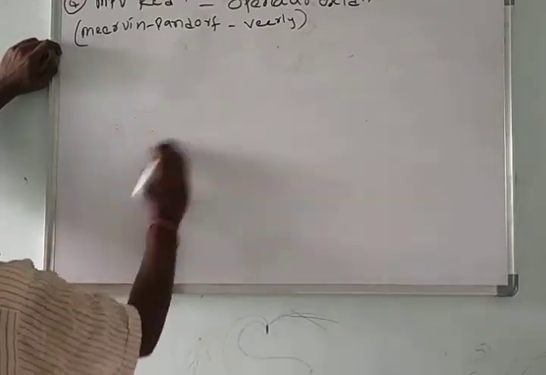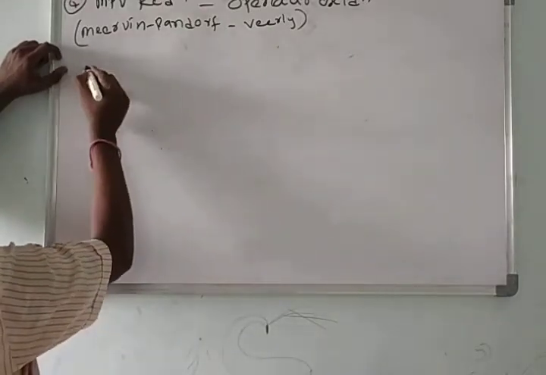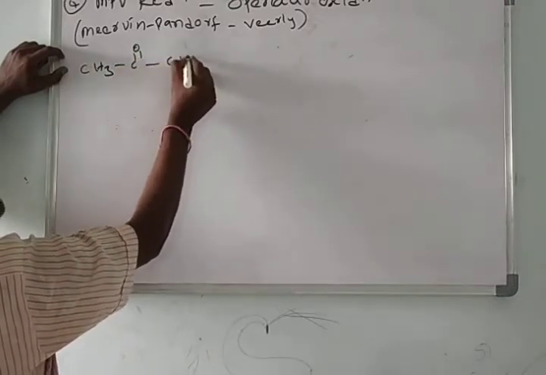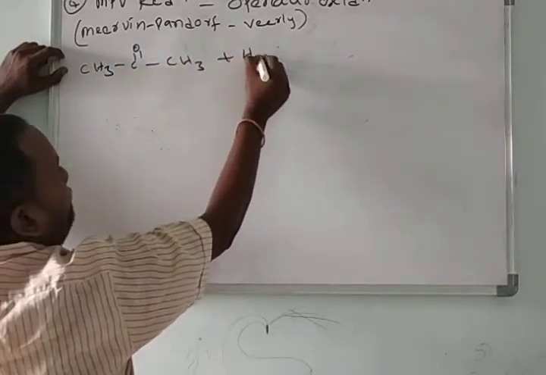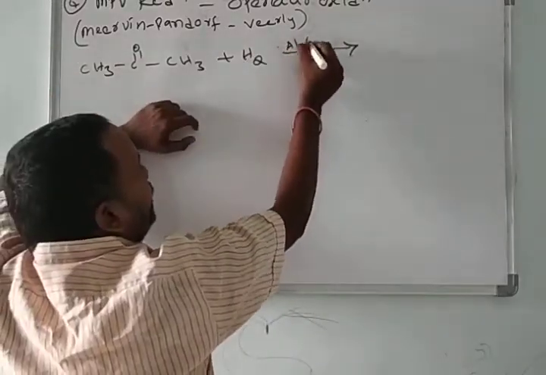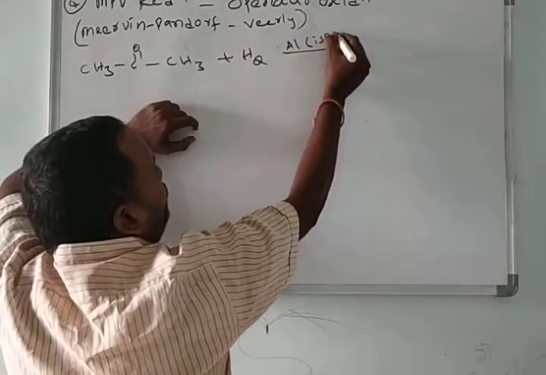You take here acetone. Here I am taking acetone. Add the hydrogen in the presence of aluminium isopropoxide.